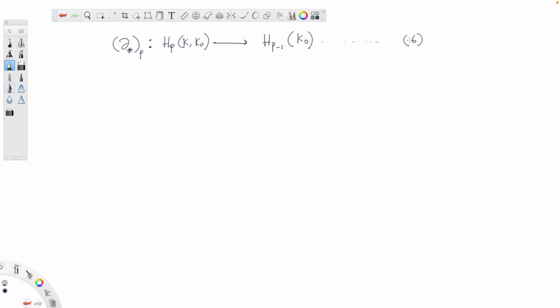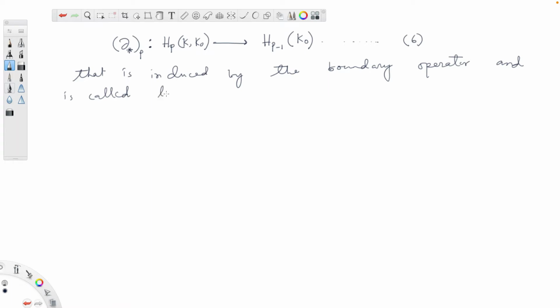It is supposed to be induced by the boundary operator and is called the homology boundary homomorphism.